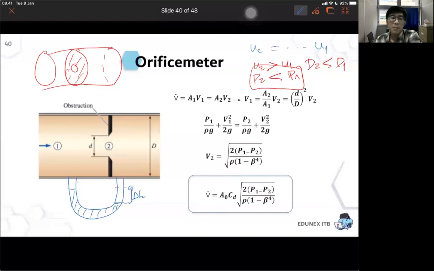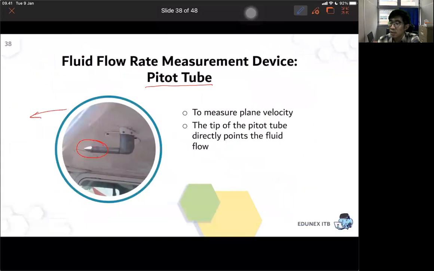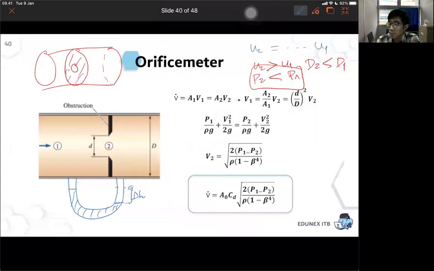The principle is the same as the pitot tube, but here you combine the principle of sudden, not sudden enlargement, sudden contraction, right? Sorry, this one is the sudden contraction, so the diameter is reduced, and the pressure is increased. So the pressure here will be higher than the pressure at point 1.